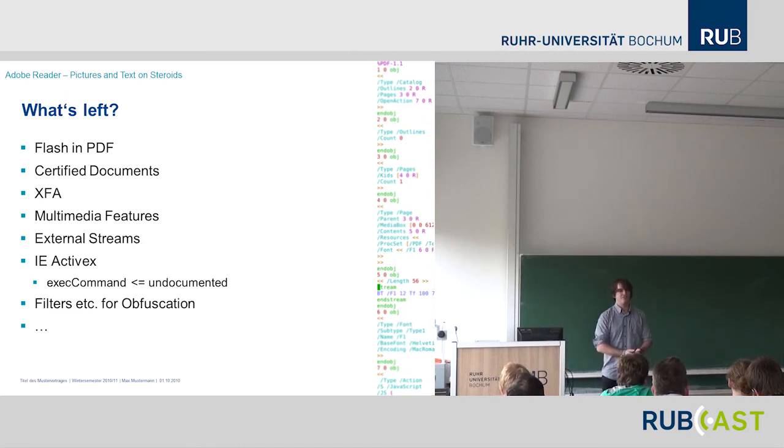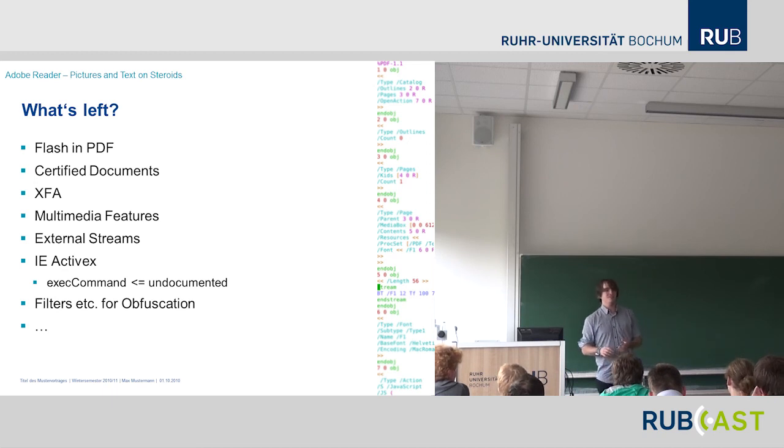So, what's left? There are still features I haven't mentioned. You can actually load Flash in PDF. That's no problem. But the funny thing is, in Internet Explorer, it's not using Internet Explorer's engine for Flash. It's using the Flash you're installing for Firefox. So if you just have Internet Explorer and you try to use this feature, it won't work.